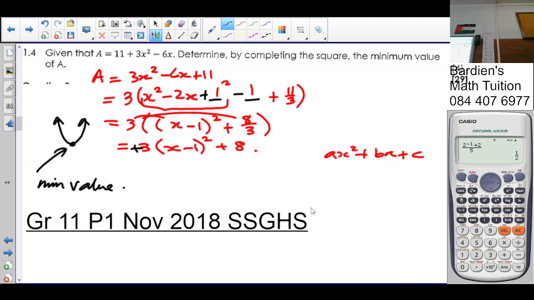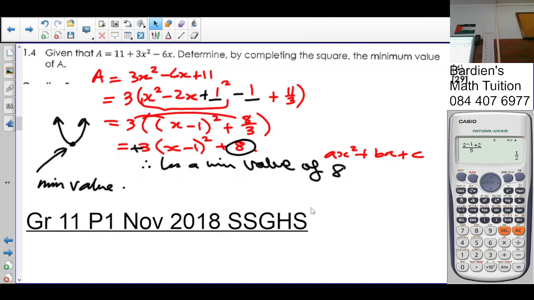The question says, by completing the square, determine the minimum value. Therefore, A has a minimum value of 8. And it will occur at x is equal to 1. But he didn't ask with reference to which value of x would be a minimum. Okay? You guys understand?